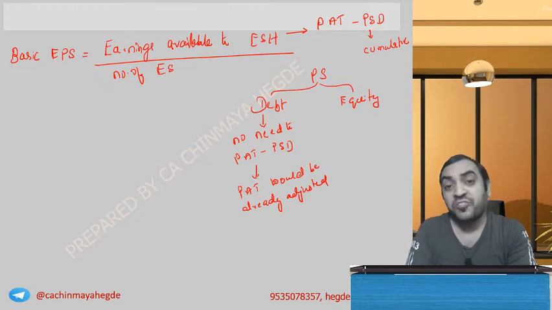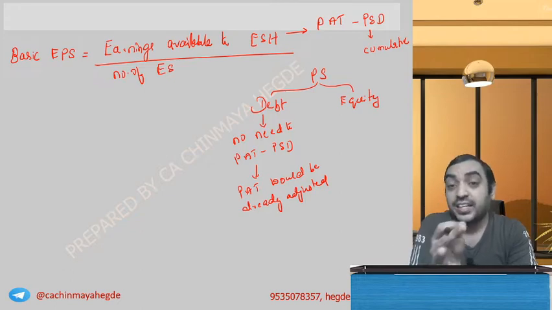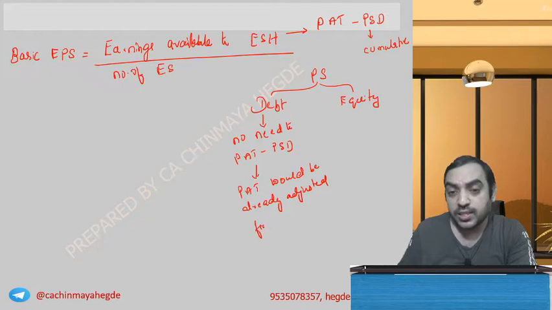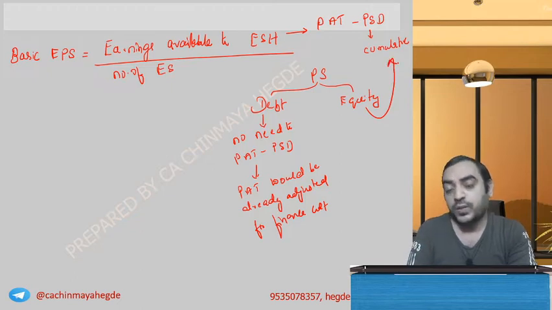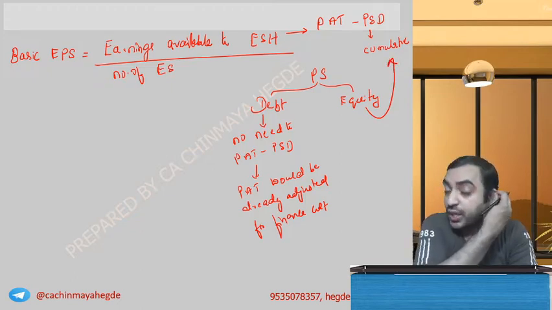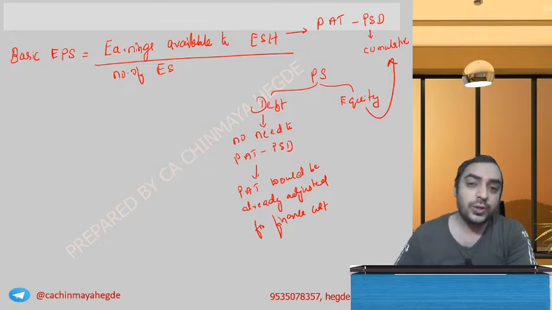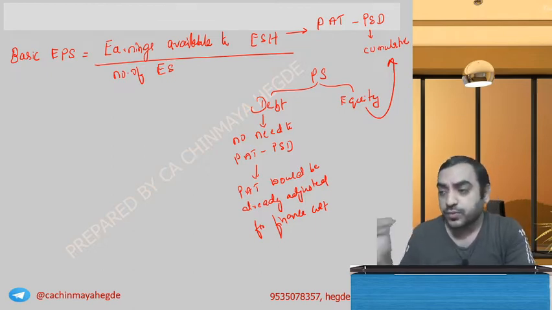So to compute profit after tax, that dividend would have been taken as finance cost. So PAT would already be adjusted for the finance cost. And for preference shares in the nature of equity, we follow this: we subtract the dividend. So this is earnings available to equity shareholders.